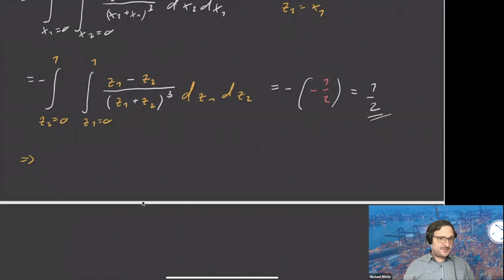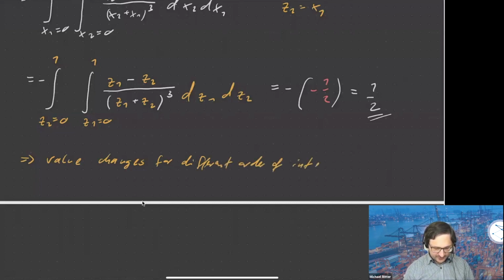And that means Fubini's theorem cannot apply. And that, of course, means the function can actually not be integrated over this box here. Okay, so the value changes for different order of integration.